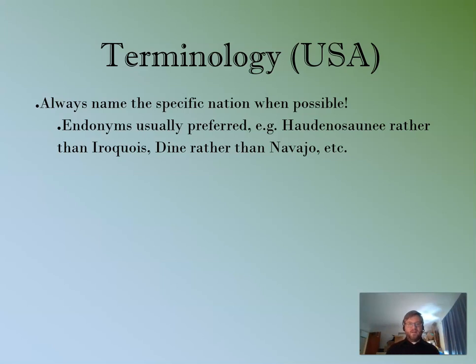So if you are talking about something that involves the Cherokee people, say Cherokee. Don't use a more general term like Native American. And in most cases, it's preferred to use what we call an endonym. That's the name that a group of people use for themselves, rather than an exonym, which is a name given to people by outsiders, even though exonyms are in some cases better known.